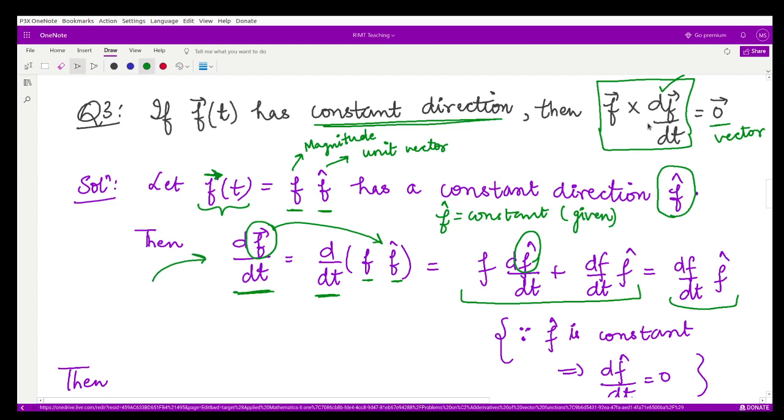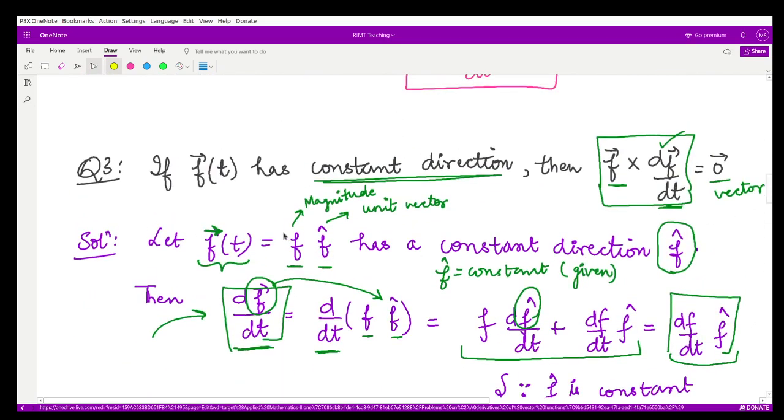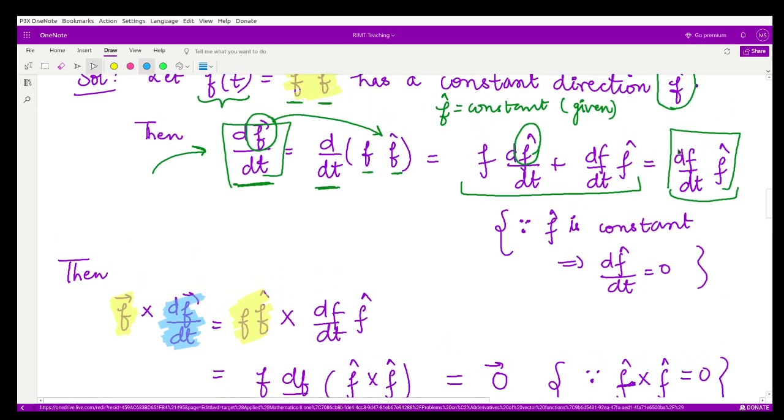Now we wanted to do the cross product of the vector f with the derivative that we have just calculated, which is equal to this particular term. So the value for this vector f was this quantity, right? So we just substituted it over here. So this is your vector f, and what is this term? The derivative for this vector f comes out to be this quantity df by dt times f cap vector, right?